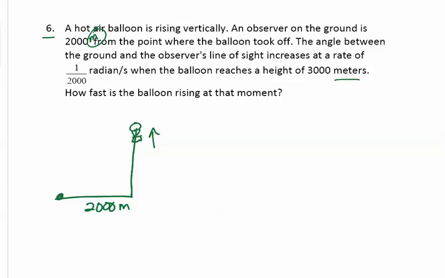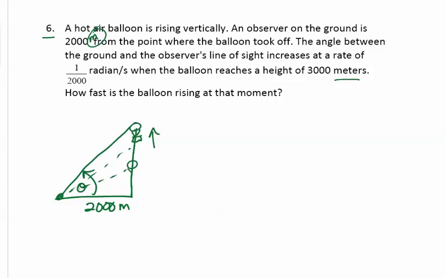So here's the observer, and we know the observer's line of sight increases at a rate of, so this time we're actually given d theta/dt. Remember that as the balloon rises, your sight line is going to keep increasing.